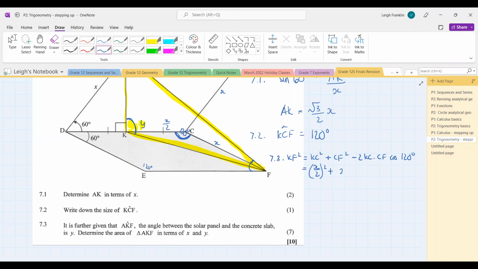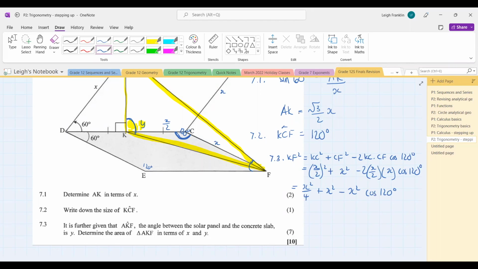CF is X squared minus 2 times X over 2 times X cos 120. Sorry, it's a little bit squashed here. Okay, so this is going to give us X squared over 4 plus X squared minus X squared cos 120.